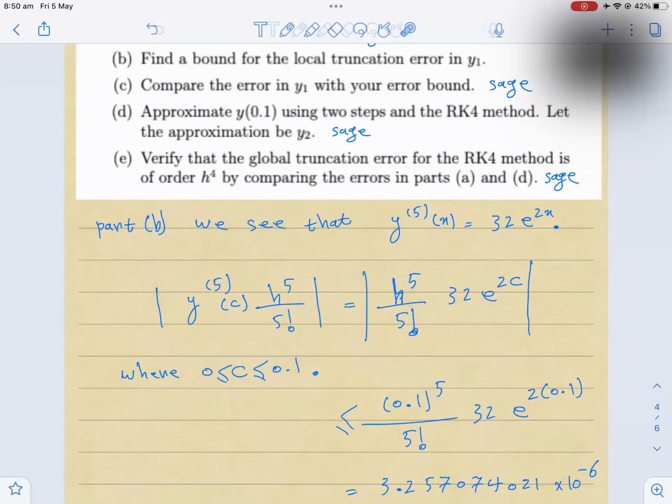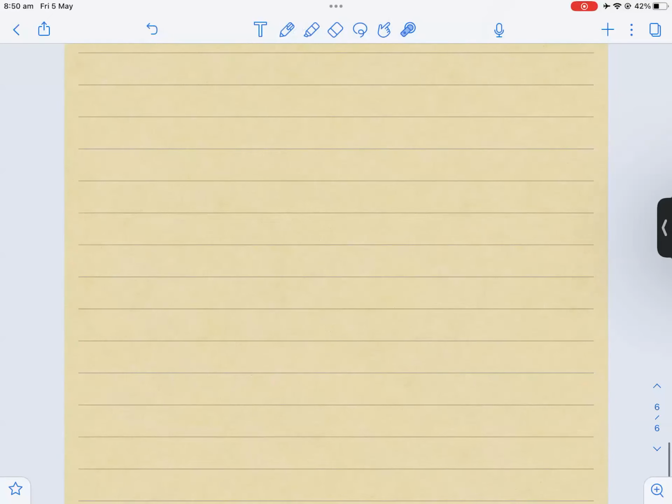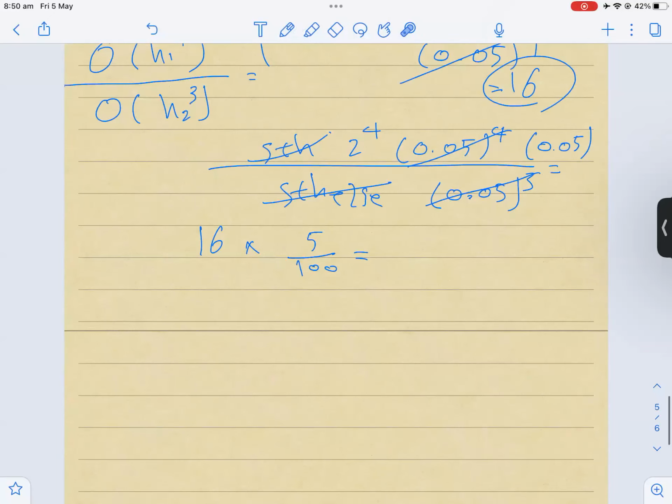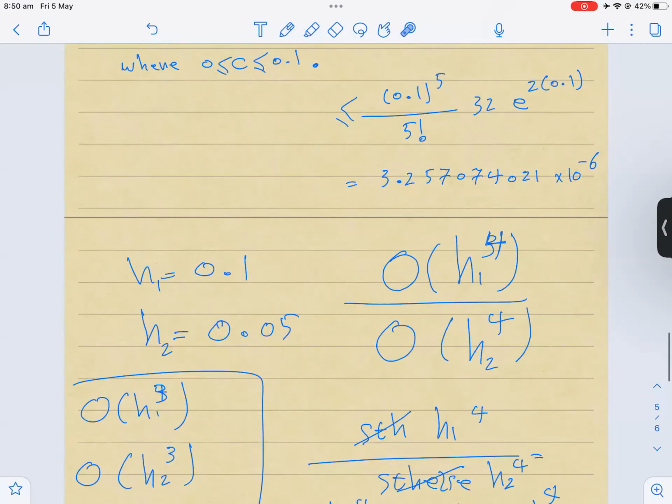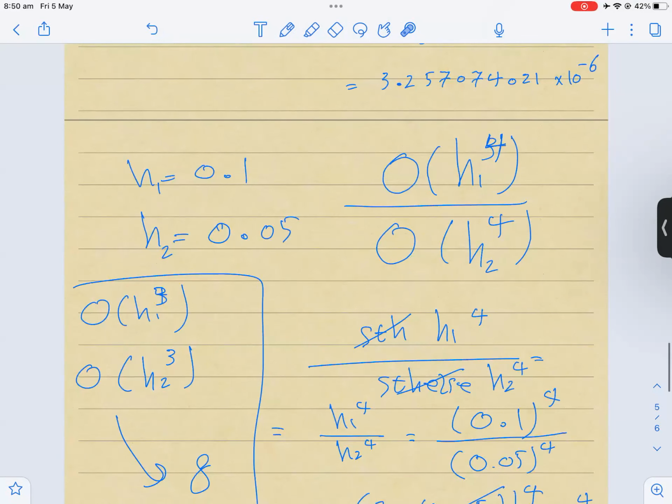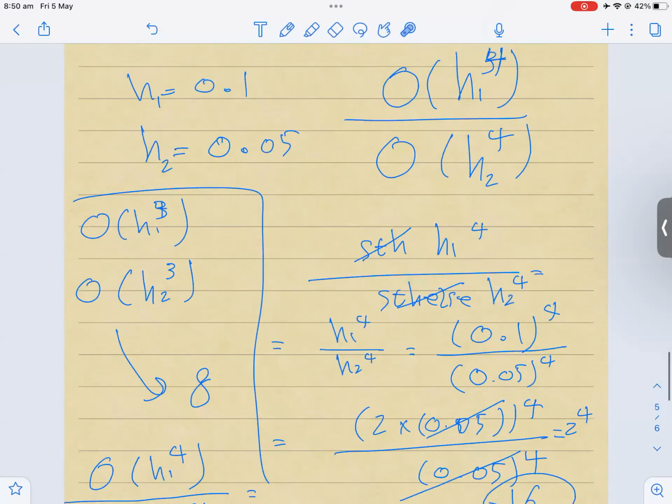Look at this one. h1 is 1/10, h2 is 1/20. So O(h1^4) is something times h1 power 4, and O(h2^4) is something else times h2 power 4.